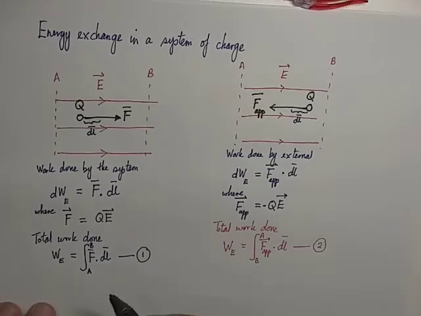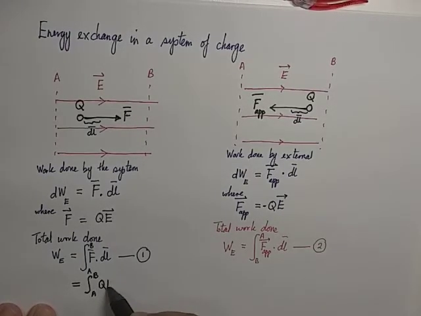So let's substitute now. Here we end up with integration from A to B, and I'm going to substitute QE dot dl. So that should be our equation number 1.